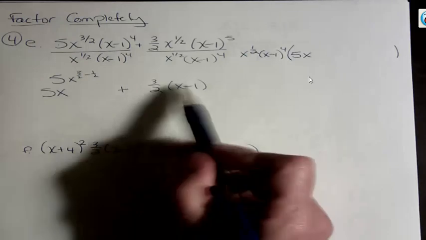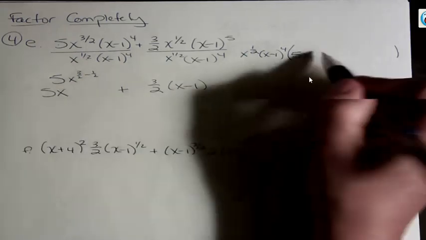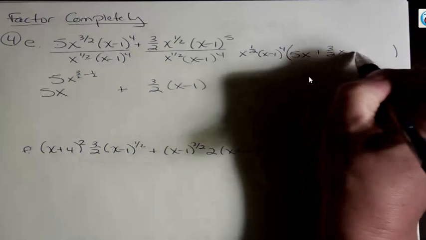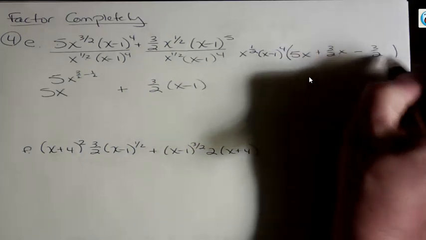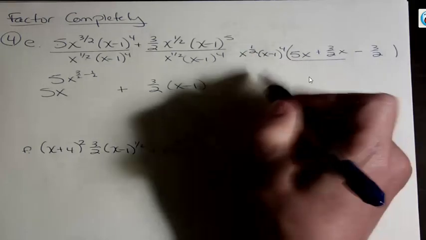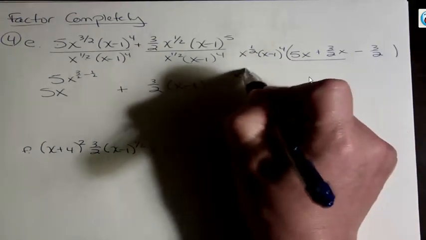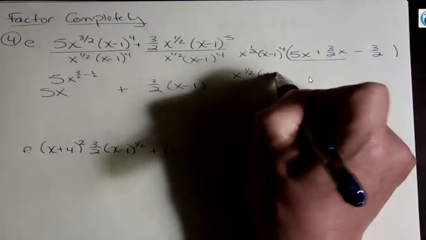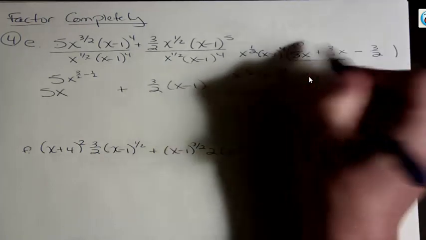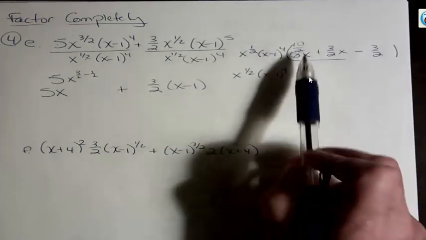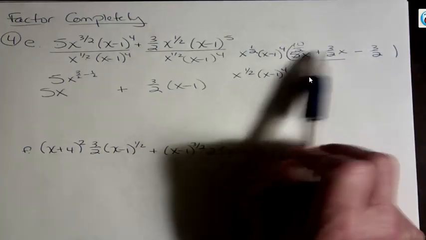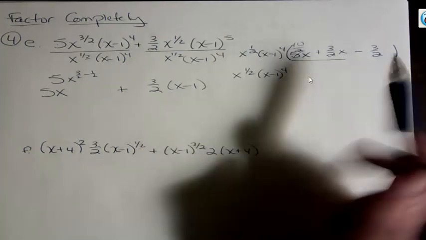And now if I distribute that, I get 3/2 x minus 3/2, right? So I want to combine these two, and I know that 5 is the same as 10/2. And the reason I did that was so that I could combine these. I got the common denominator. So I have 10 plus 3, which is 13.